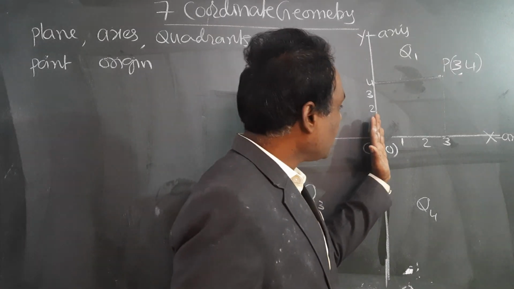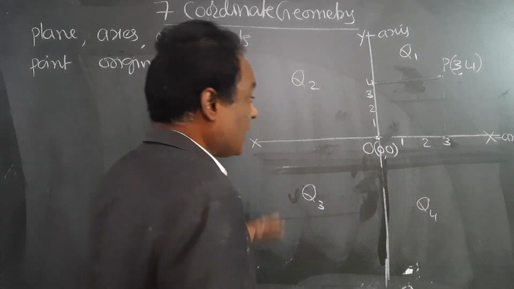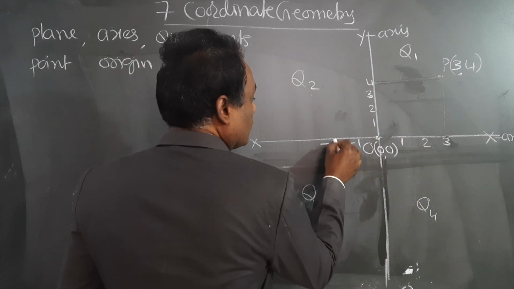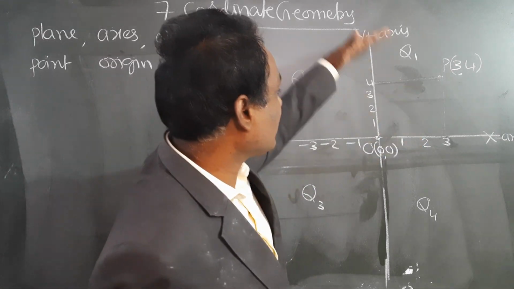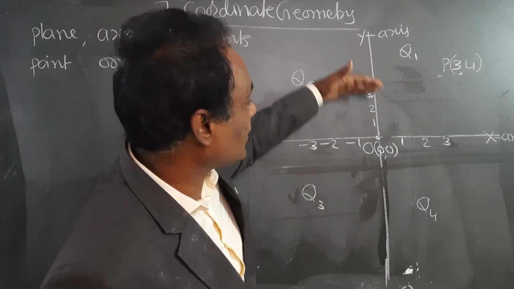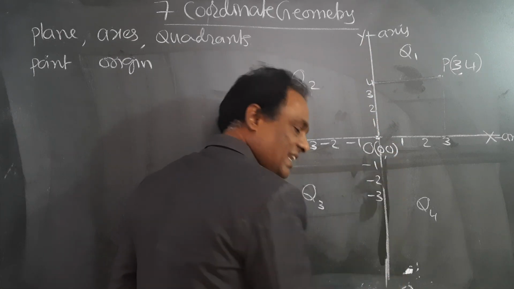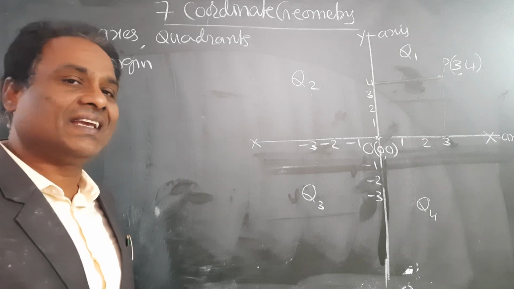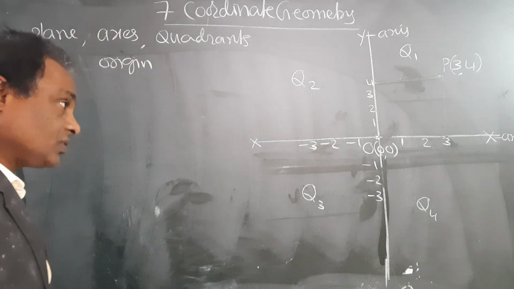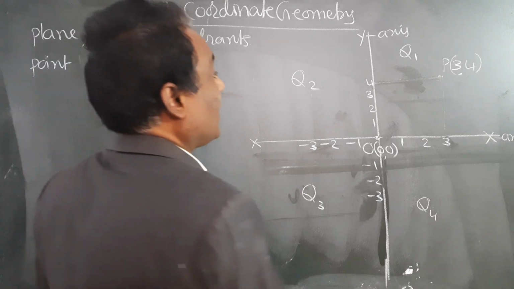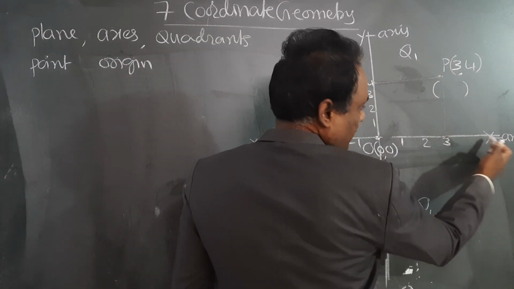From here onwards x values increase 1, 2, 3 like this. This side x values decrease -1, -2, -3 like this. Above the x-axis y values are increasing. This side y values are decreasing. So this is the coordinate system. Now in this, this side if you take, x value is positive.